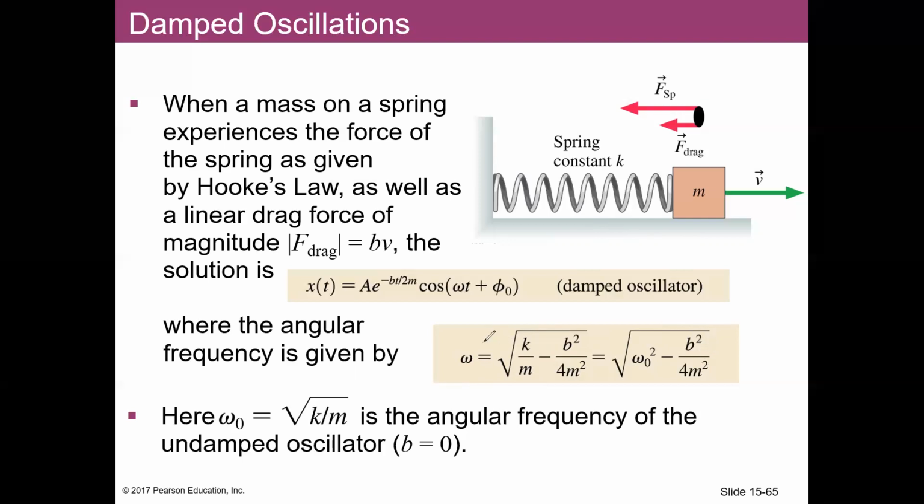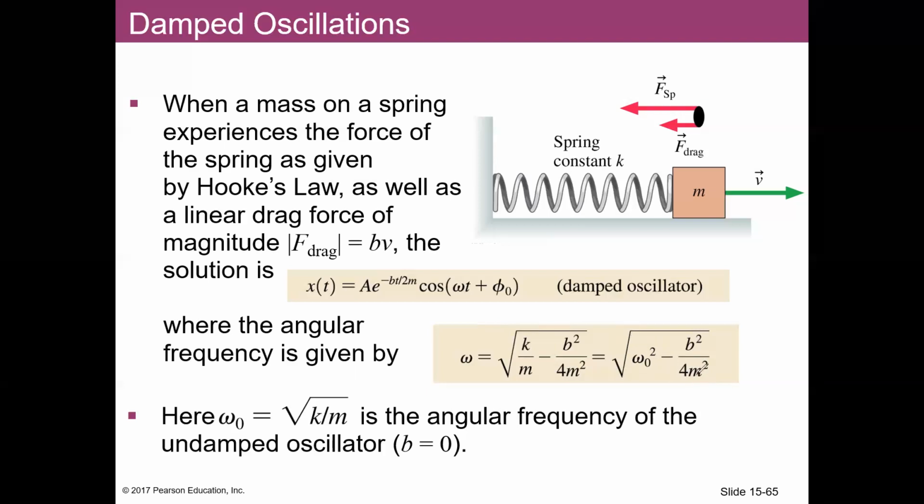And so what this means is that the damped system has a smaller angular frequency and therefore a larger period, right? Because period and frequency are inverses of each other. They might include the 2 pi if we're talking about omega, or might not in the case of f. And so what that means is that the period is a lot shorter for the undamped system.